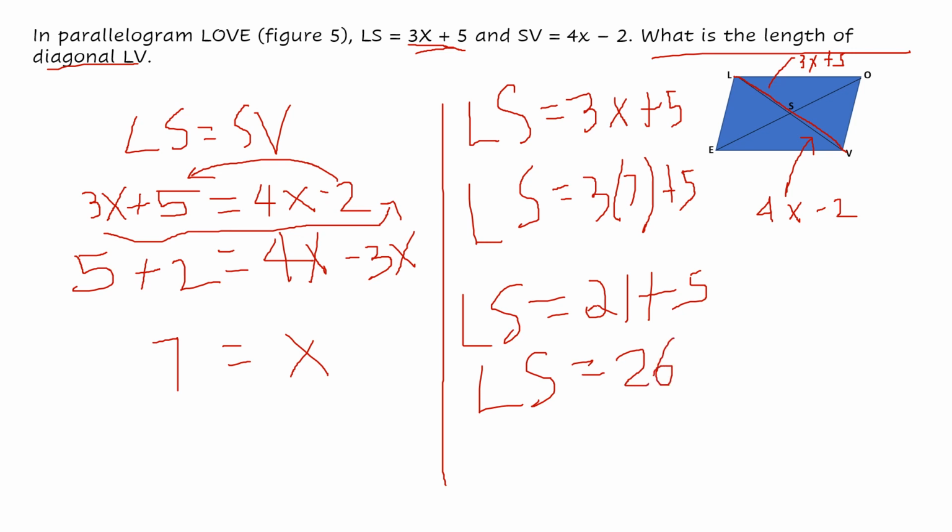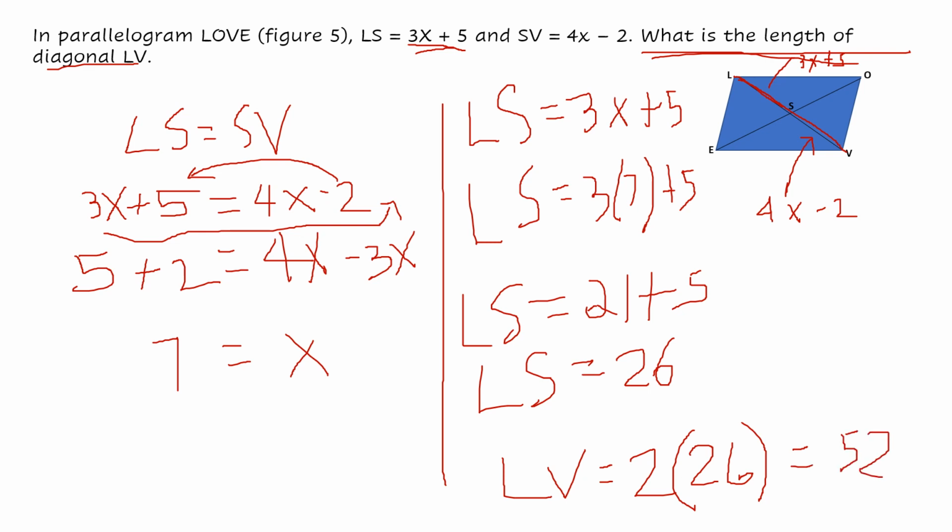But the whole diagonal LV is twice of this LS, which is 26. So LV is 26 times 2, which is 52. So the answer is 52.